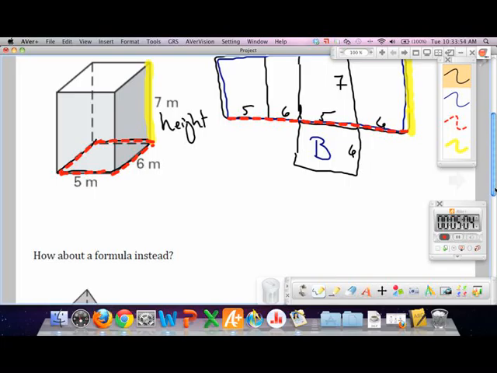Note that I'm going to use capital letters for areas when I write them in a formula. So capital B here is the area of one base. P is the perimeter of the base.